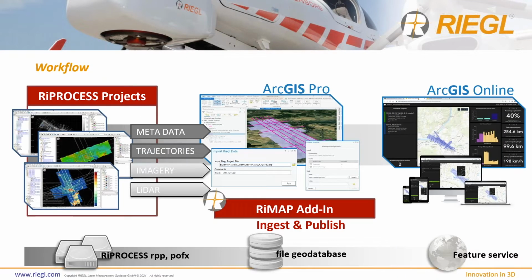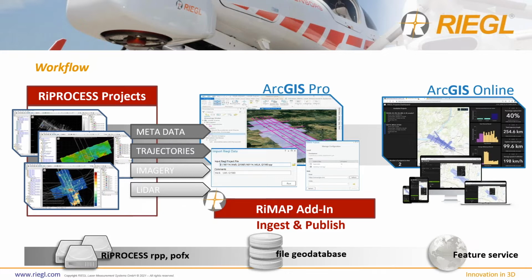So how does it actually work? RiMAP takes in an RPP file. From this, it builds a RiMAP geodatabase containing numerous data structures for managing and storing the RiMAP features in ArcGIS Pro. It creates a 3D scene and visually displays the features as layers on the map.